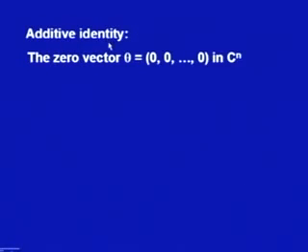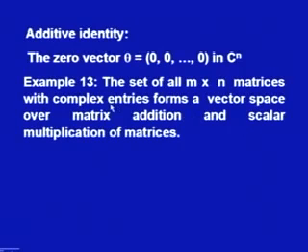The additive identity can be checked easily, because the zero vector theta, (0, 0, ..., 0), is also in Cn. The rest of the properties can easily be checked. So, this forms a vector space. Now, in the next example, I am considering m by n matrices with complex entries instead of real entries.